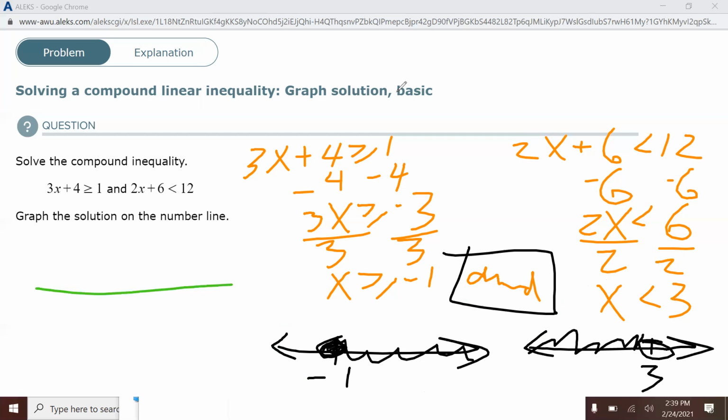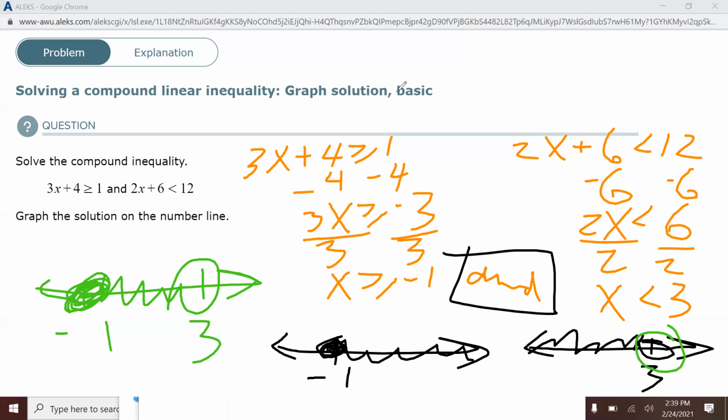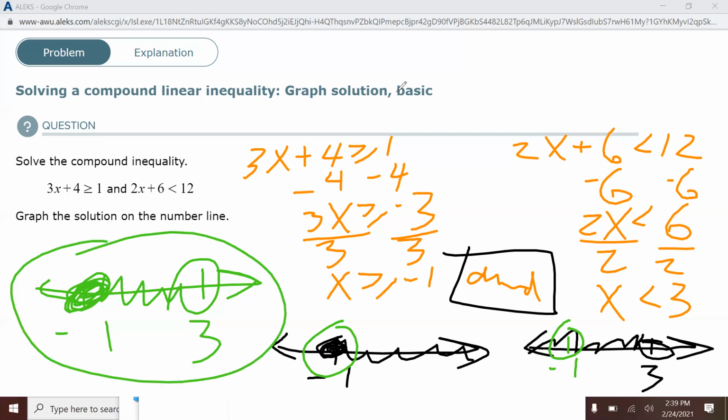It turns out they're going to overlap everywhere between -1 and 3, including -1, but not including 3. Notice 3 is not shaded in on both of them. Therefore, we do not include it. But -1 is shaded in on both of them. So it is included. Therefore, this is our final solution.